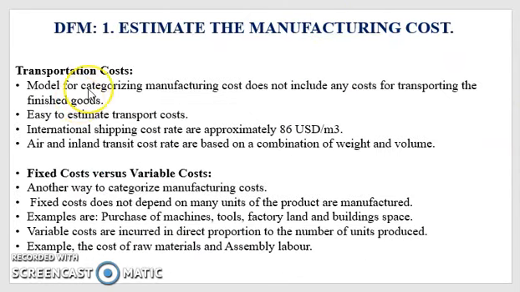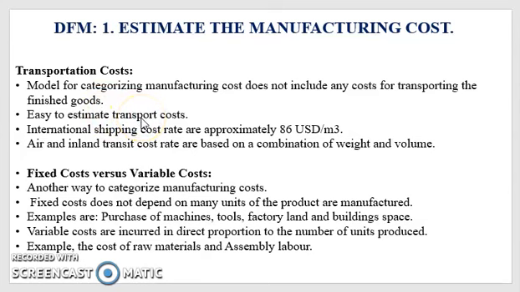The model for categorizing manufacturing cost discussed in the previous slide does not include any cost for transporting the finished goods. Manufacturing often occurs at a location which is at a great distance from the eventual customers. It is very easy to estimate the transport cost.